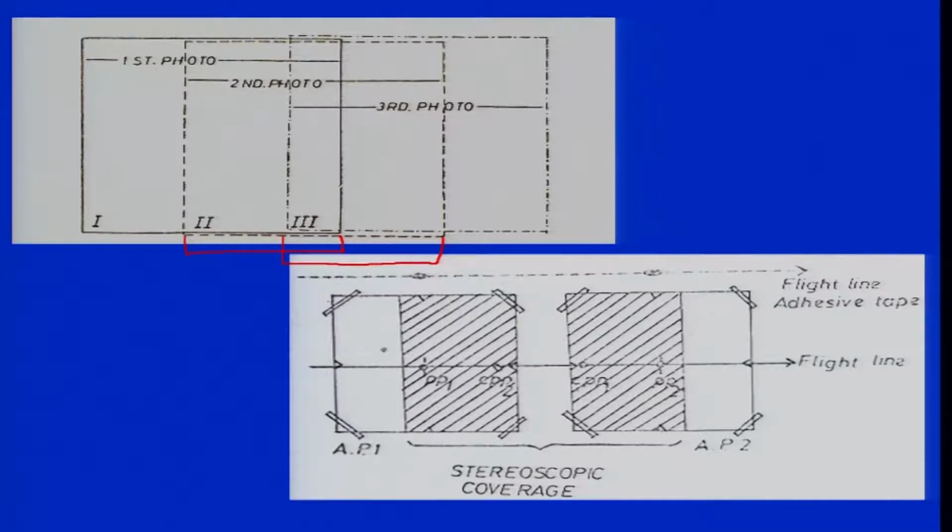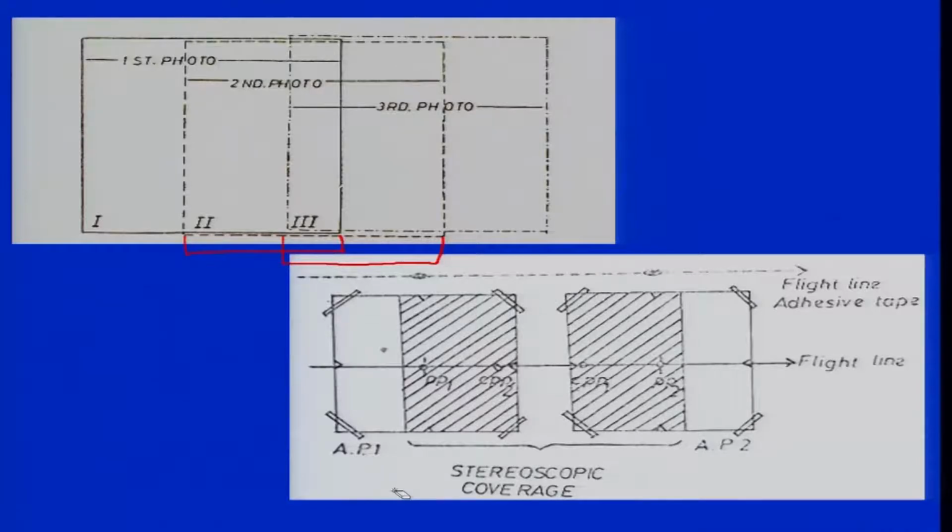You can also calculate the height of the object and the scale of the photographs, because the scale of the photograph is not available. So, we will talk about how to calculate the scale of the photograph and how to measure objects in terms of their height and distance.